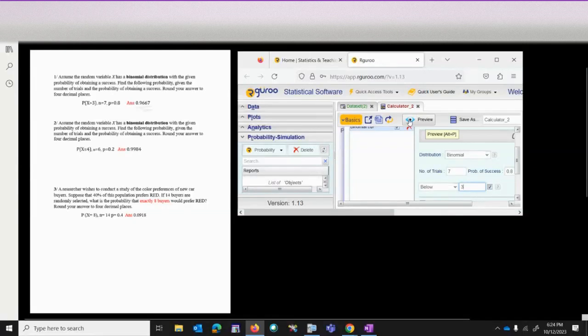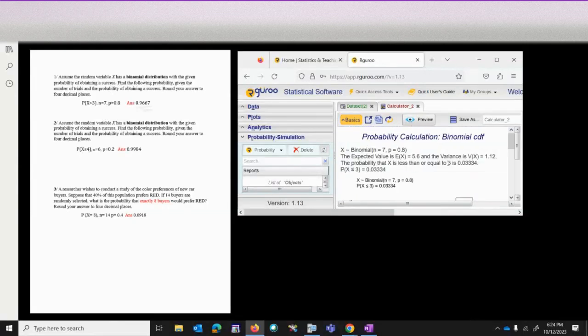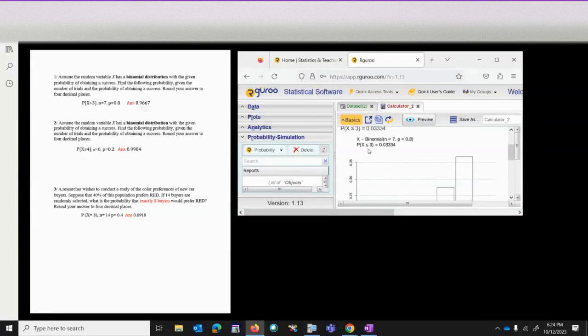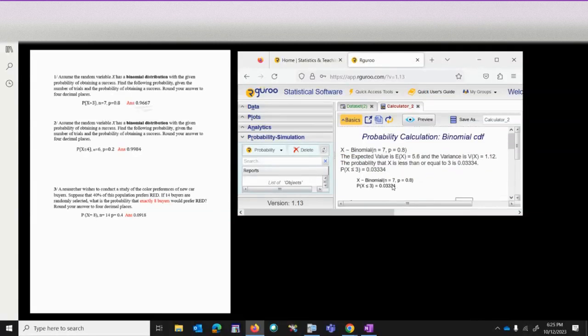You see the answer for x less than or equal to 3 is 0.0333. Because you calculated the less than, you must subtract this number from 1, and you still get the same answer, 0.9667. So remember, if you do the less than, you have to subtract from 1 because the sum of the two should be 1. But if you simply use greater than 3, you can get the answer directly.